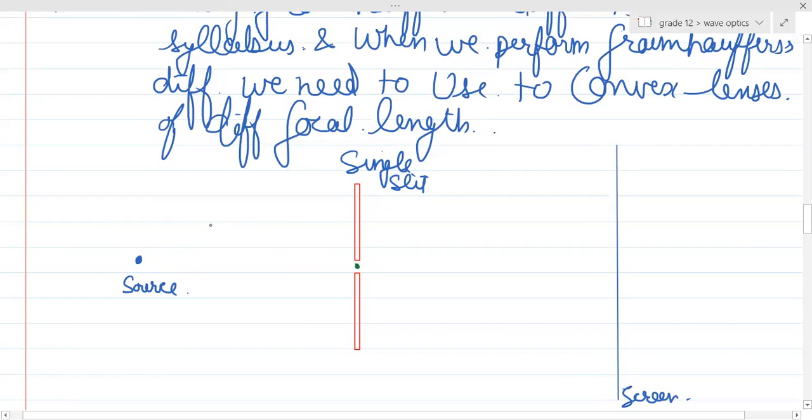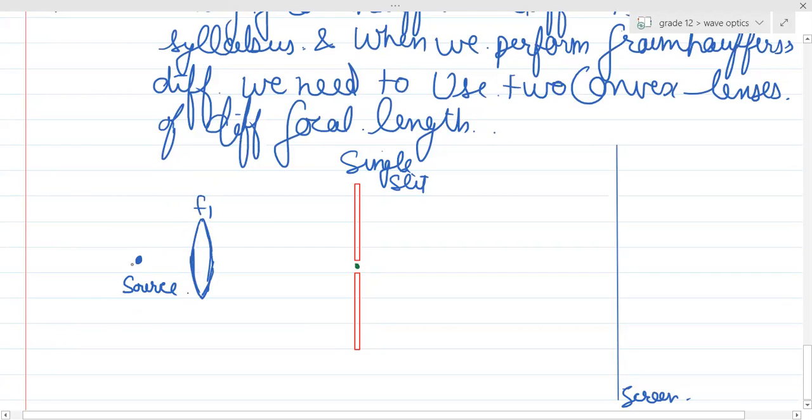No, sir. So basically, to achieve Fraunhofer diffraction in lab, I use two convex lenses of different focal length. First convex lens, I'll place it over here in such a way. Can you see, guys? First convex lens, let's say it has the focal length f1.